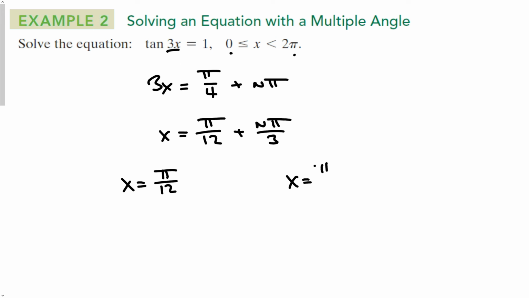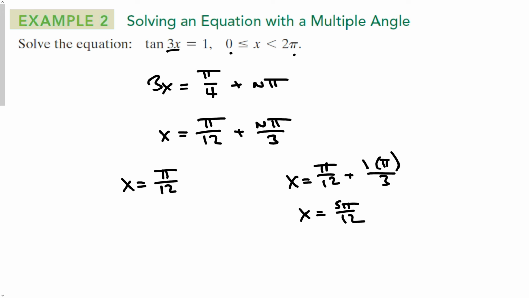I would get pi over 12 plus 1 times pi over 3, which is pi over 12 plus 4 pi over 12. So that is 5 pi over 12. 5 pi over 12 is less than 2 pi, so we keep going.